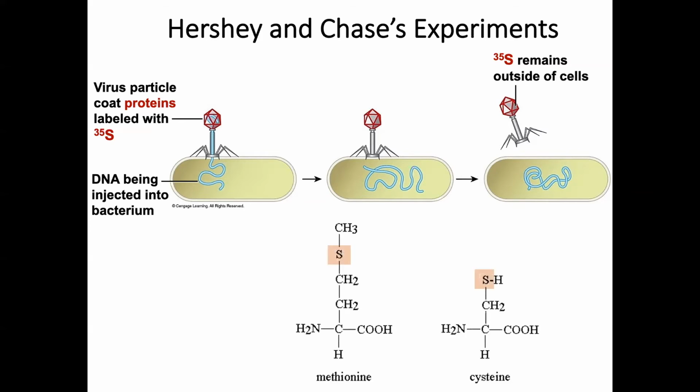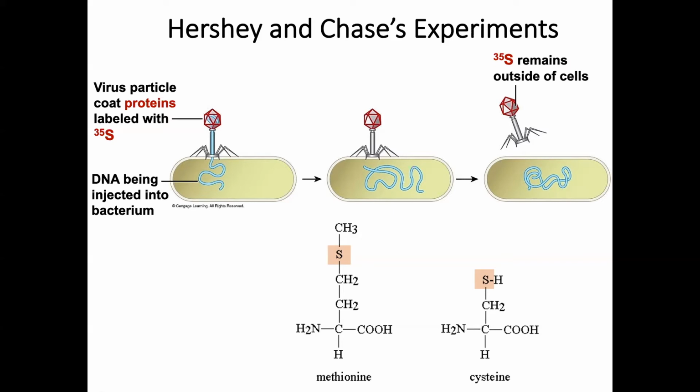Two amino acids, methionine and cysteine, shown here, both contain sulfur in their side chains. The isotope labeling process means replacing this non-radioactive sulfur with radioactive sulfur, S35, so that the radioactivity can be detected later using a machine.